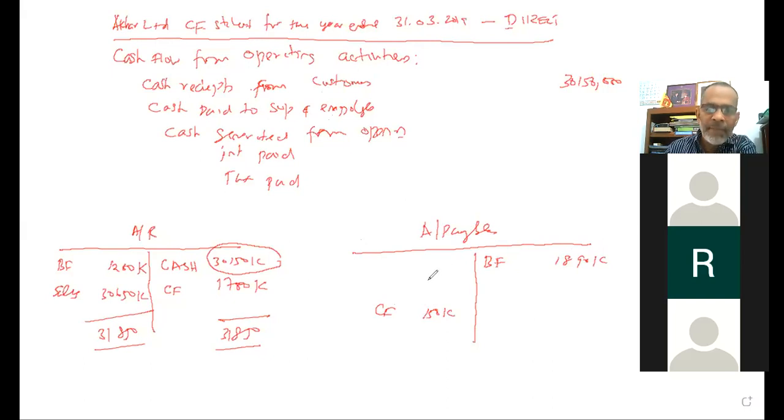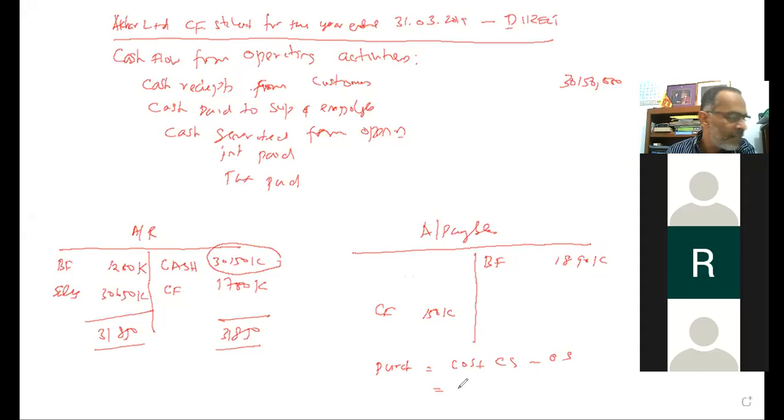What about credit purchases? Is there any credit purchases given directly? No, not given. Therefore, we work as yesterday: purchases equal cost of sales plus closing stock minus opening stock.